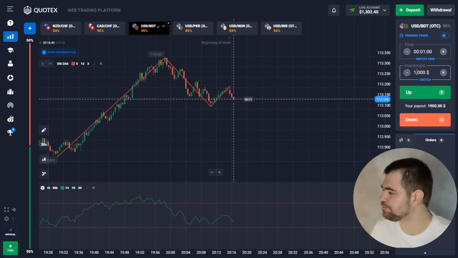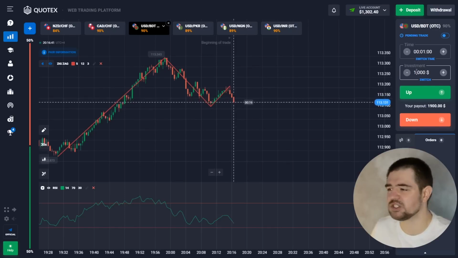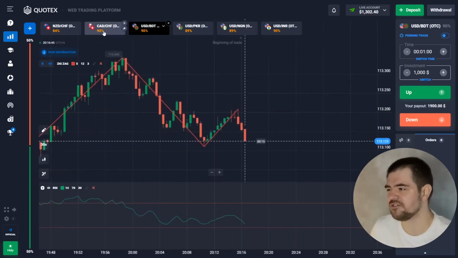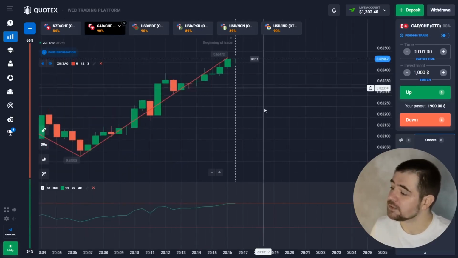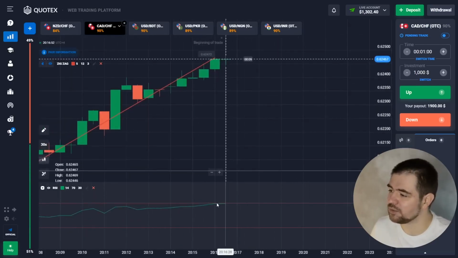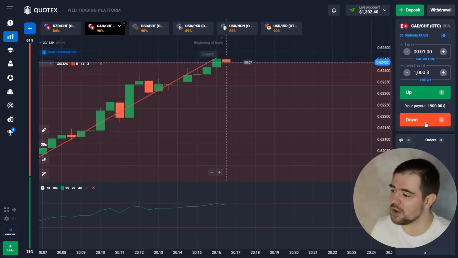Okay, so here we're going to switch to a different currency. I like to switch to different currencies because you can find different situations and possibilities. So we're reaching there, building up just below the resistance line.